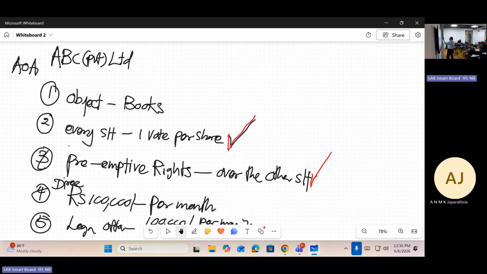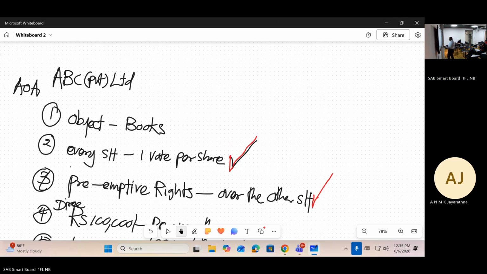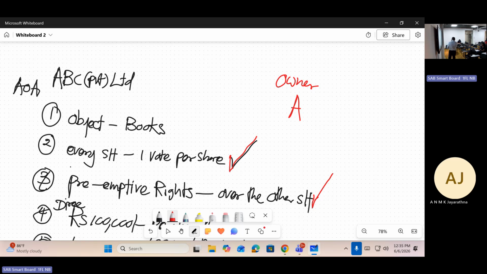now suppose A is an owner of a property. It may be a land, or any property, share or whatever. A is an owner of a property. There is another person called B. Suppose this is a land.